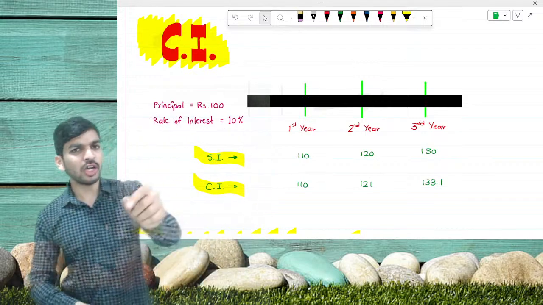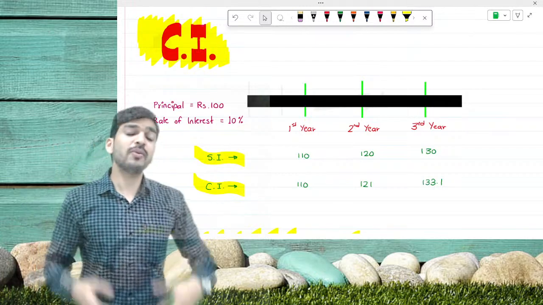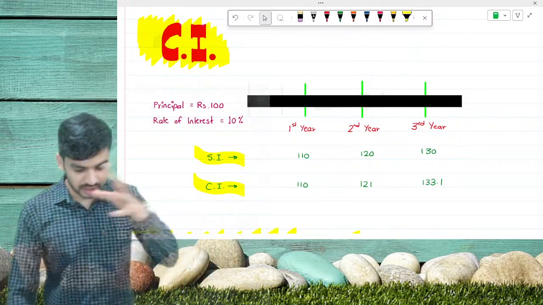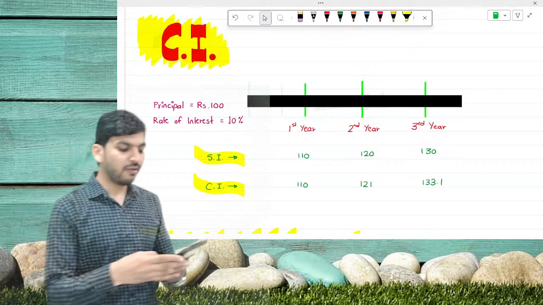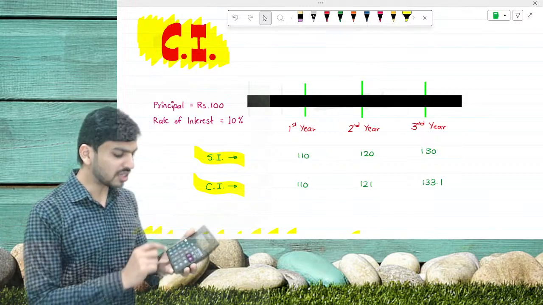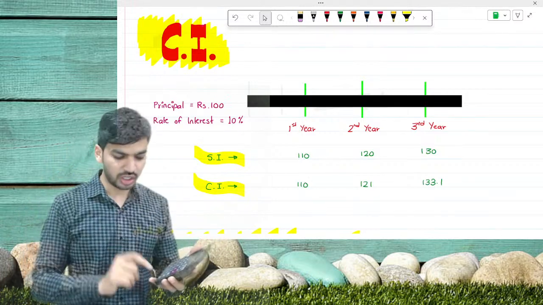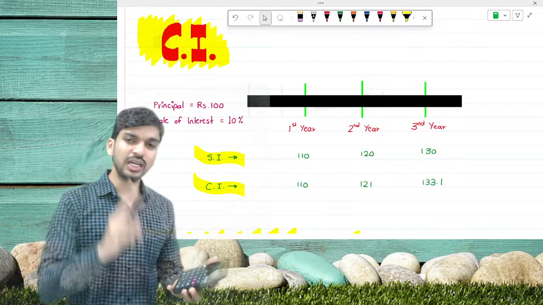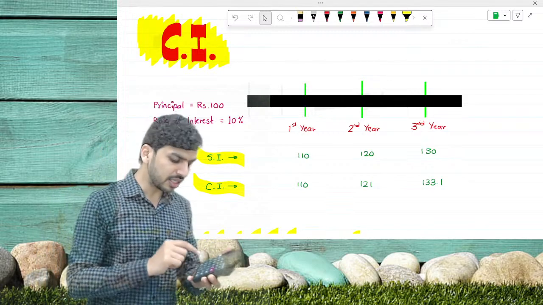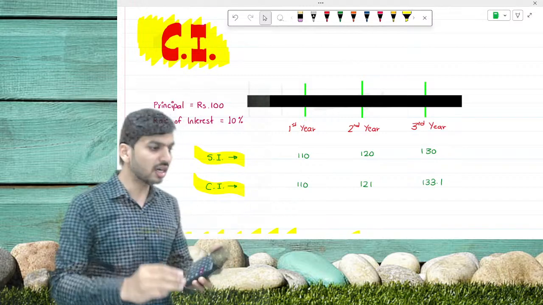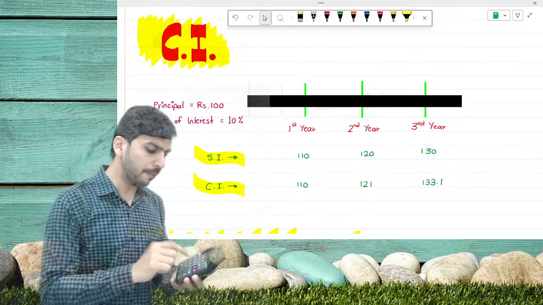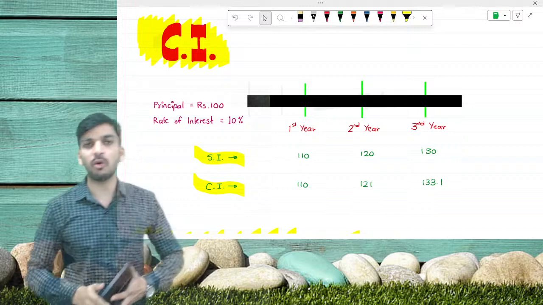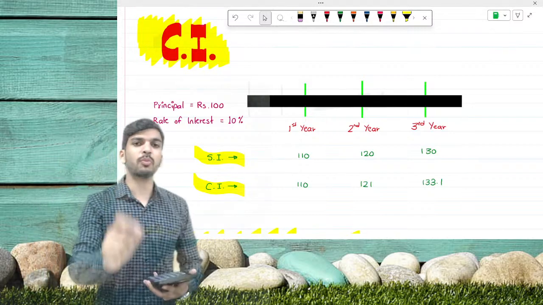Can you tell me what the amount will be after 4 years? Just pick up your calculators, all of you. We do 100 plus 10%, that is the first year, plus 10%, the second year, plus 10%, the third year, and plus 10%, the fourth year amount, that is 146.41.